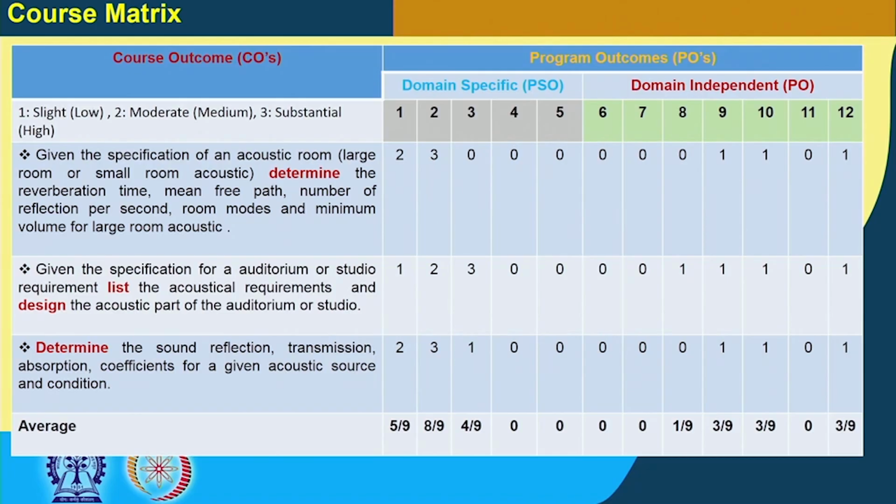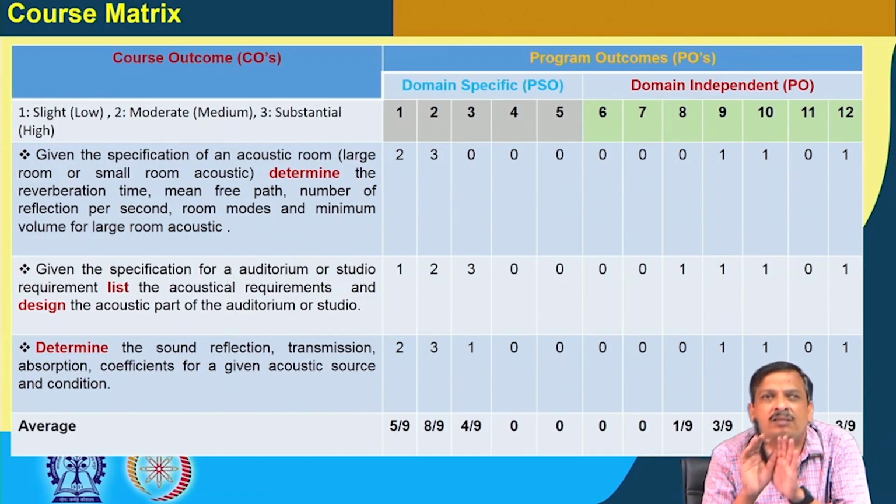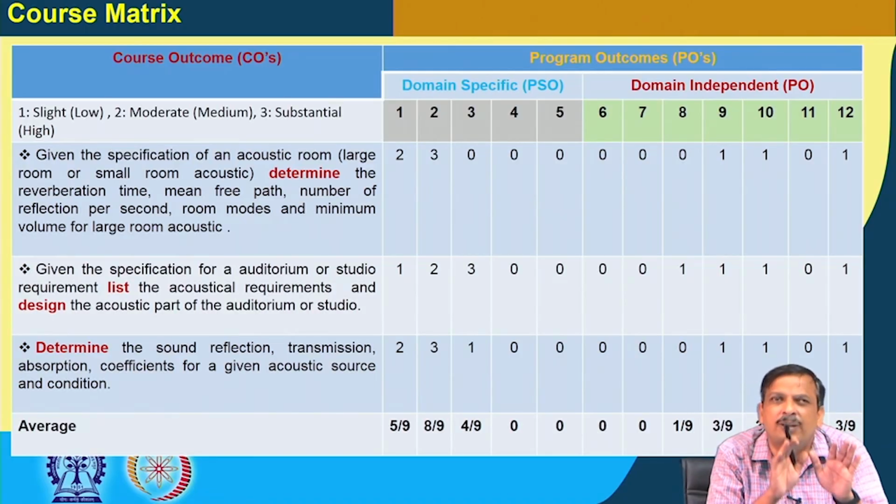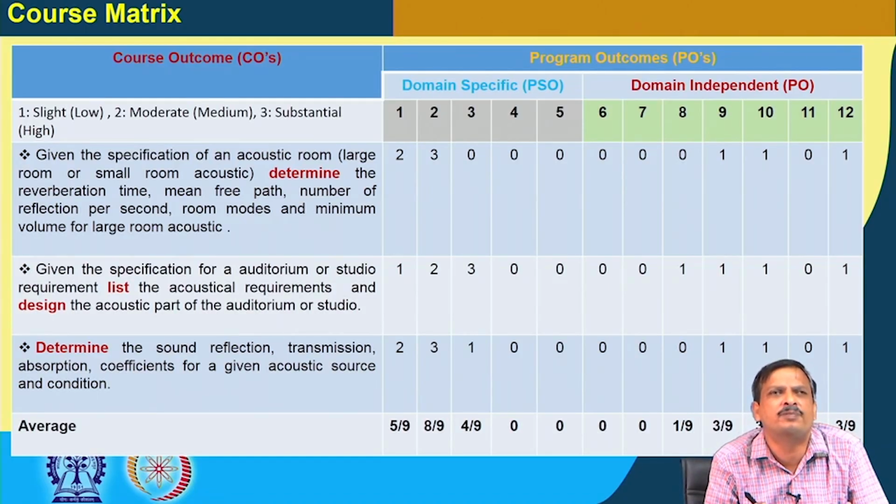So, for mapping between the CO and PO, how you develop the course matrix, I am describing again, which is a very important part, because when I say attainment of PO and CO, this is a very important requirement.